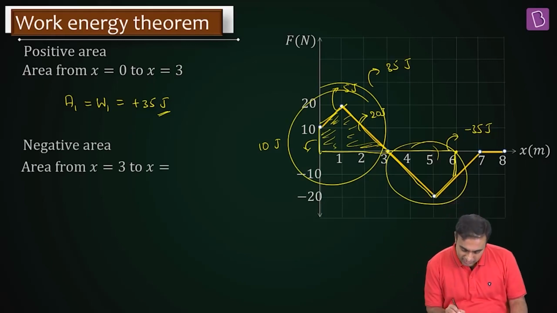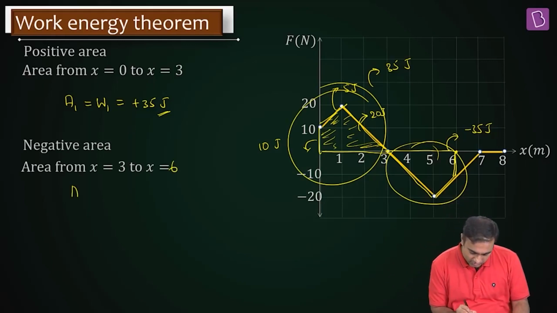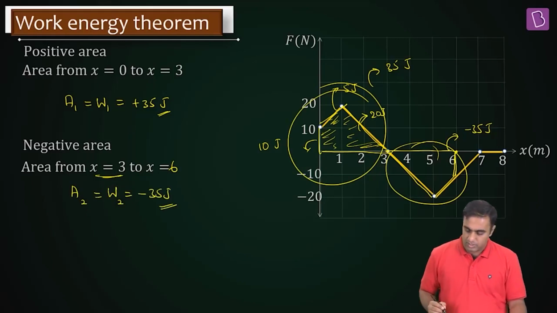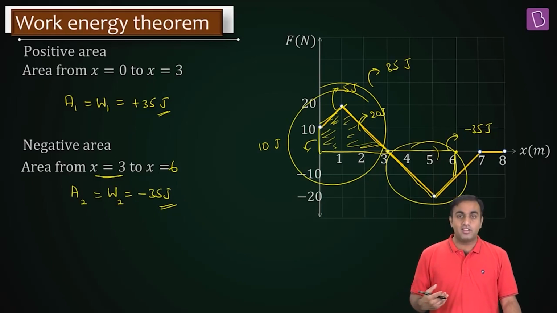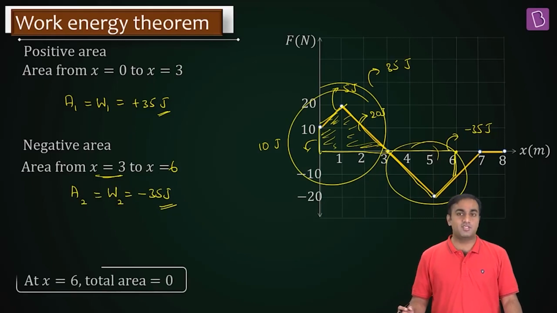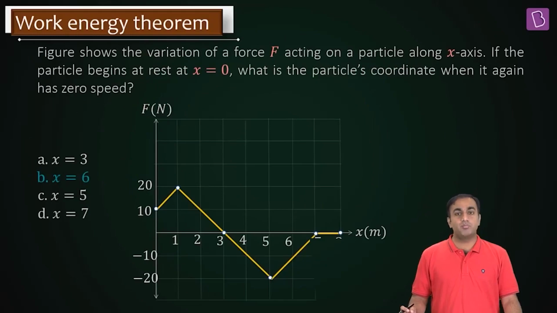So I can write till x is equal to 6, from x is equal to 3, you get the negative area or the negative work done to be minus 35 joule. So the answer we need is x is equal to 6. That's the coordinate where the particle comes to rest once again. The correct option for this question is B.